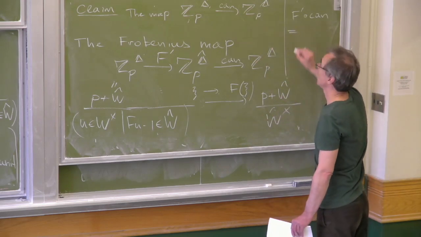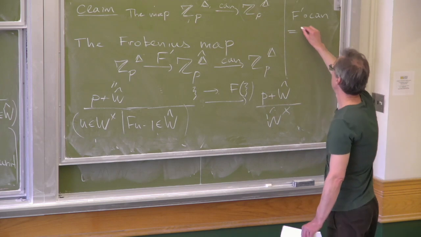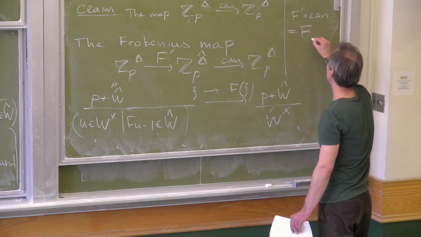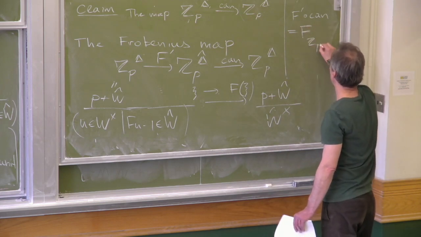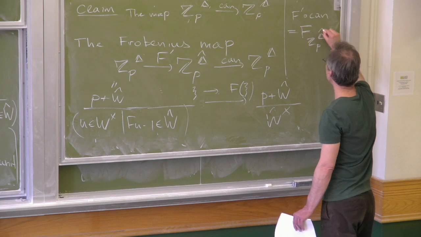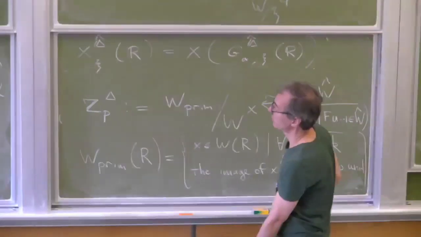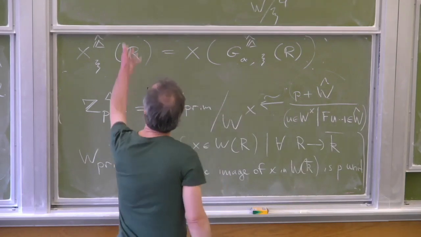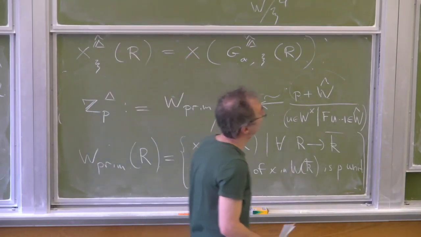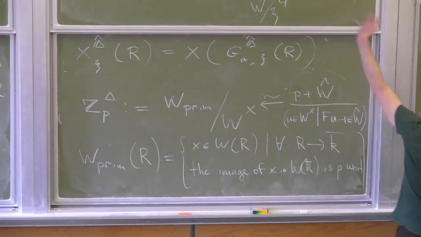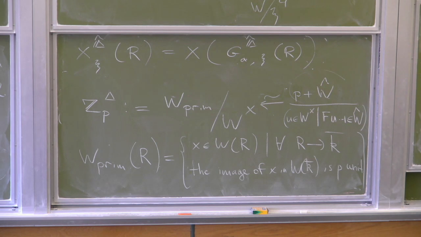So I claim that this is just the usual Frobenius on Z shear prismatized, which comes from the Frobenius on W check. Frobenius on W check preserves the subset of primitive vectors, and also in the other direction.